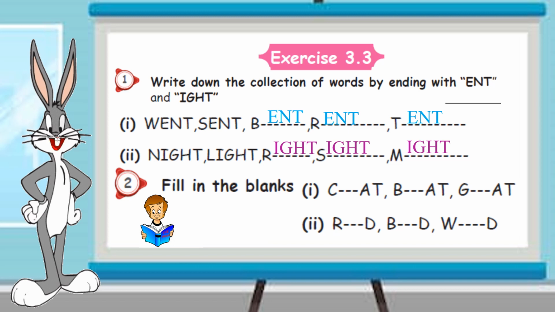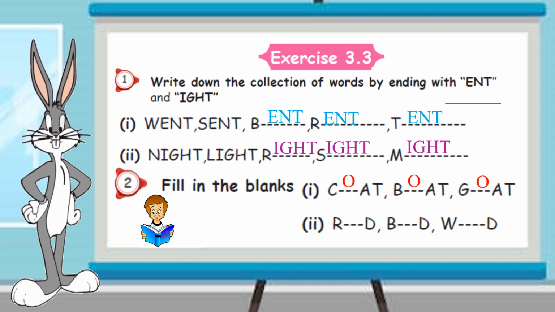Then come to the second one, fill in the blanks. In between we have the missing pattern, isn't it? So that's what we are going to fill here. COAT, coat. BOAT, boat. GOAT, goat. See here, if we fill with one letter, it must be suitable for all the words.